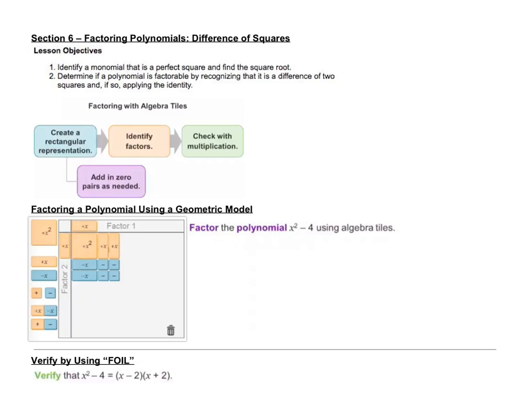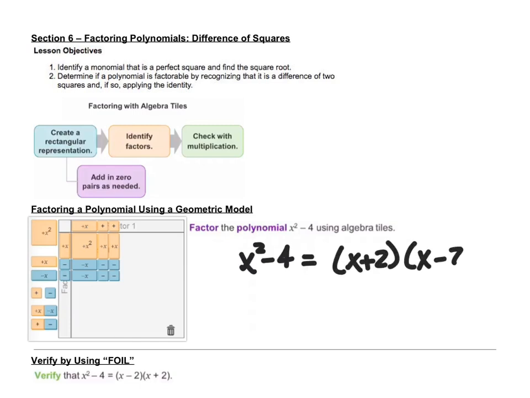Okay, and then if we fill in our factors here, we get x plus 2, and then here we get x minus 2. So what we realize here is that if we wanted to factor the polynomial x squared minus 4, then we could factor that into x plus 2 times x minus 2.